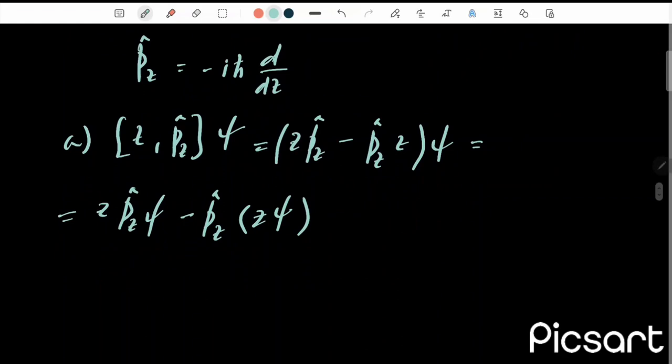Here, by definition of the z component of the linear momentum, we will substitute this.